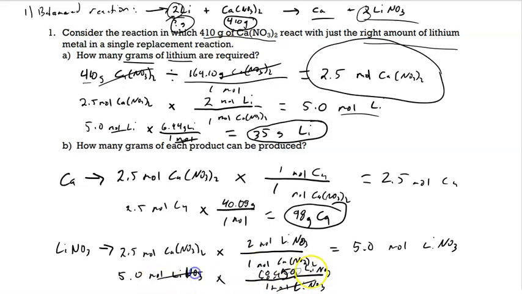Cancel out my moles, and I get, my calculator is telling me 344.75, but I only get 2 sig figs, so that's going to be 340 grams of lithium nitrate. All right, moving on.